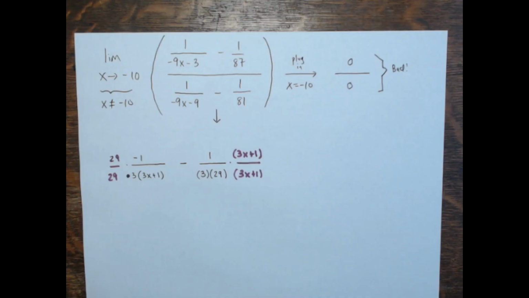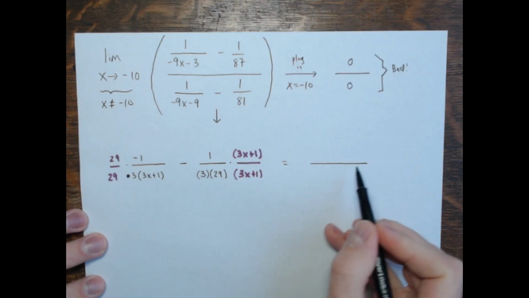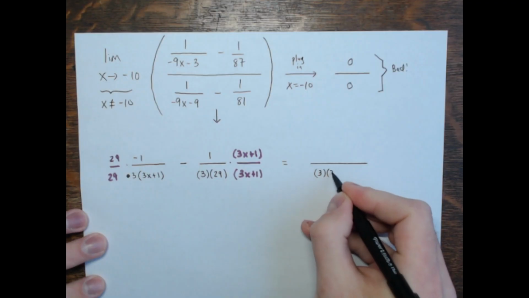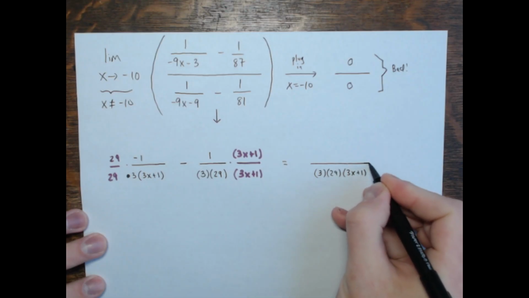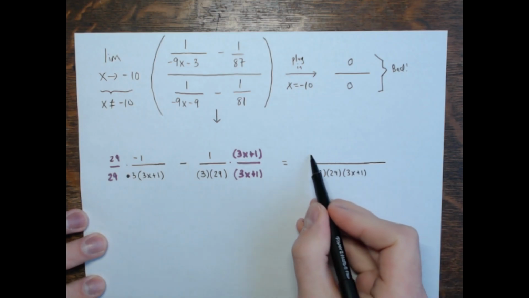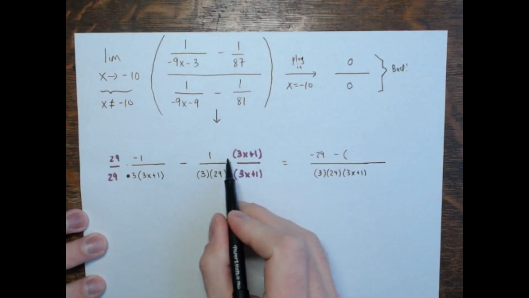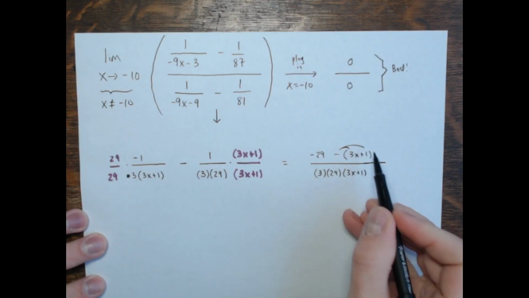Okay, and then putting these together, we get the following, right? They both have this common denominator of 3 times 29 times 3x plus 1. And then putting the numerators together, this numerator is -29 minus, and then this numerator is the quantity 3x plus 1, and I'll distribute the negative here.